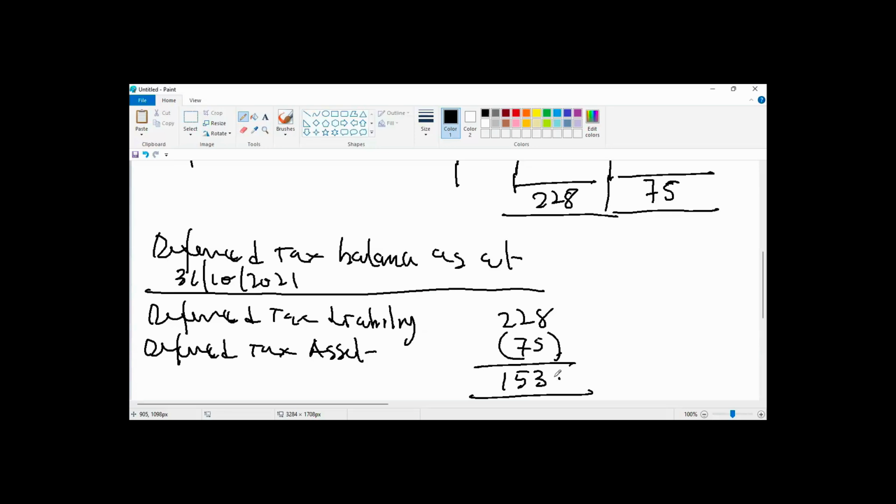Go to questions 16 and 15. 15 is for calculation of current tax. That one is simple. Go to question 16. Look at the requirements, they will lump everything together. Identify the tax base and the temporary difference for each of the items given. Calculate the current tax for the year ended 2016.